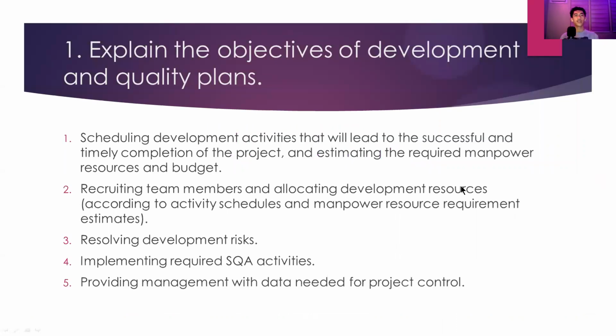So, in chapter 6, the first question is: explain the objectives of development and quality plans. There are five objectives of development and quality plans, namely: scheduling development activities that will lead to the successful and timely completion of the project and estimating the required manpower, resource, and budget.